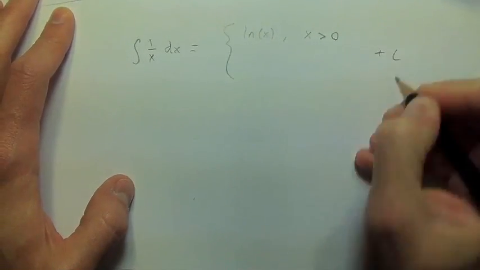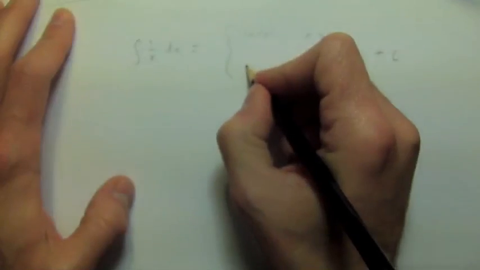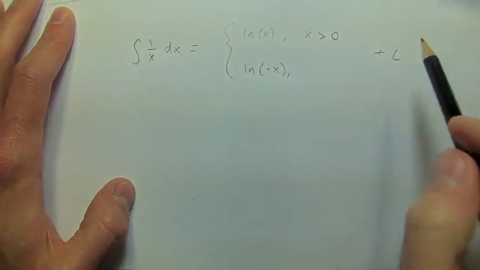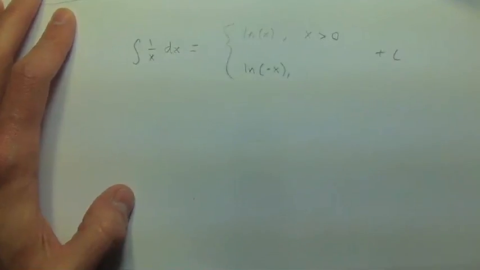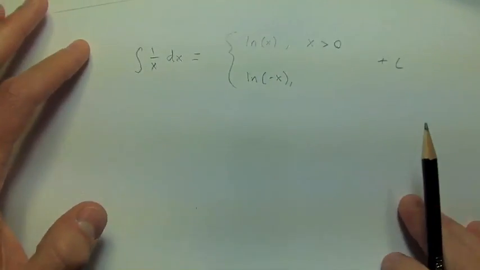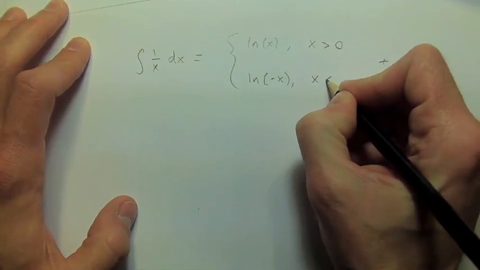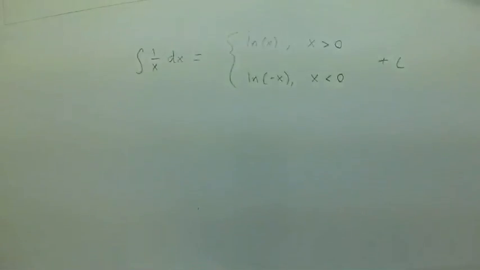You can think of the plus c out here. It doesn't really matter, well, it does matter, but not for this part of the discussion. And it's going to be ln of negative x when x is less than 0, not equal to.